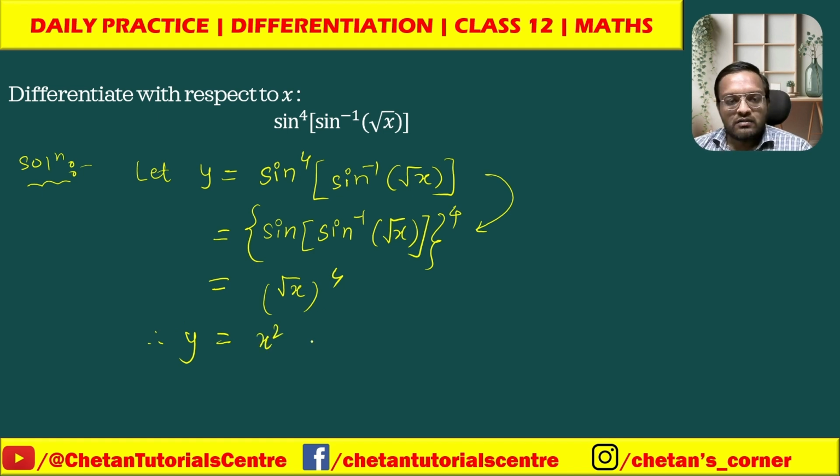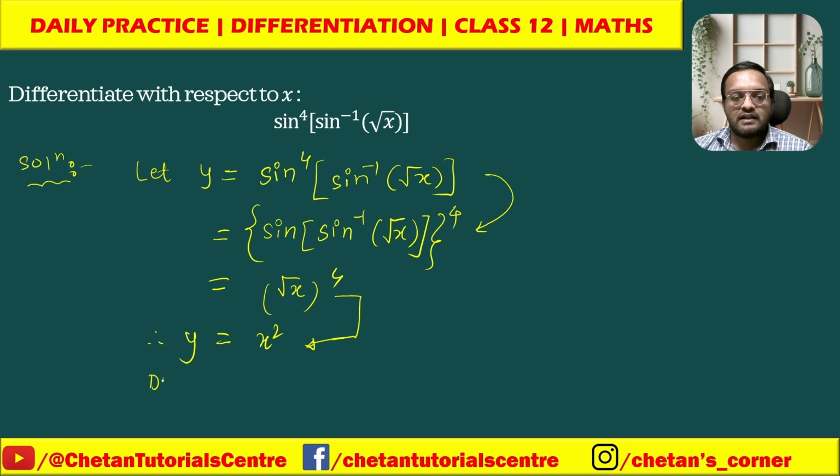x square. Now how I have obtained this x square from this term and which laws of indices I have used? Please share your answer in the comment box. Now once I have simplified this given composite function, then I will differentiate this with respect to x.